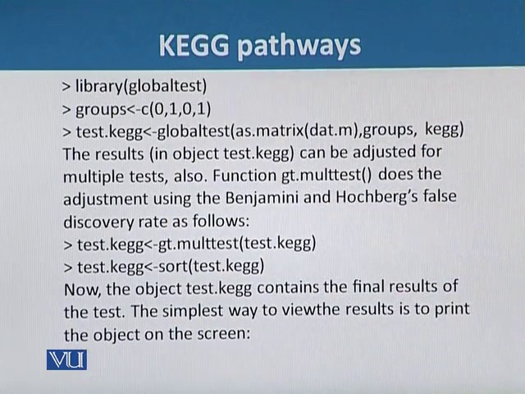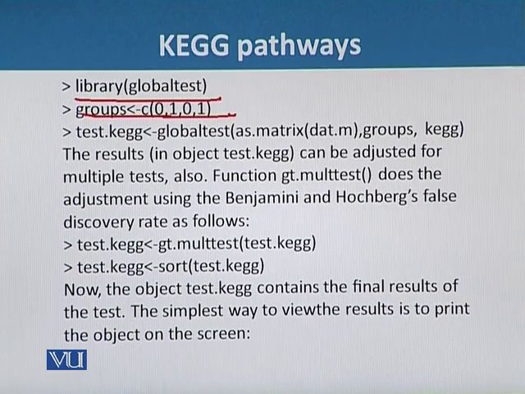So similarly we will use some commands. This is library(globaltest) as we have seen previously, and we allocated the samples into groups and allocated the numbers 0 and 1 to them. Then we will use the test.KEGG, and this is the command for this one.